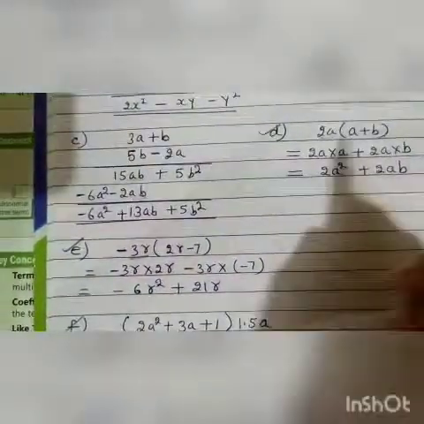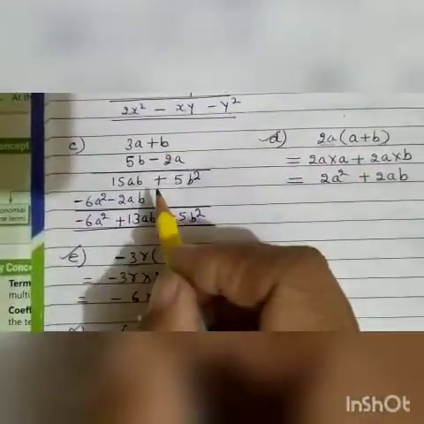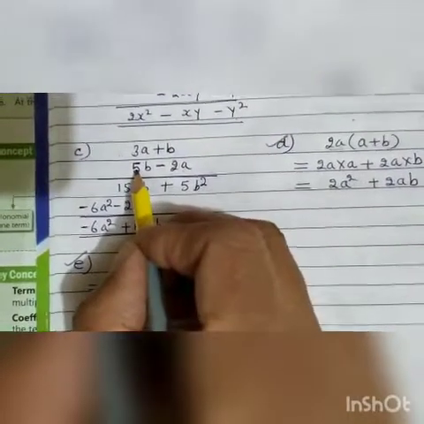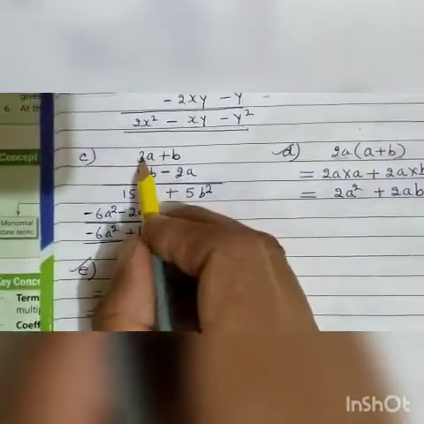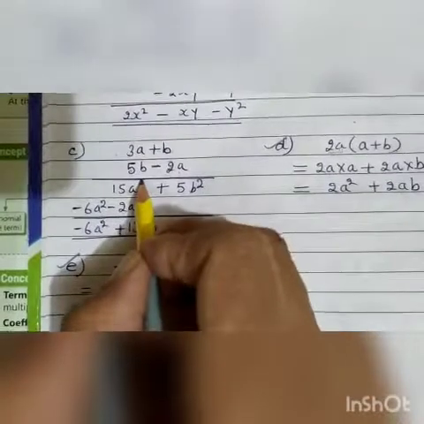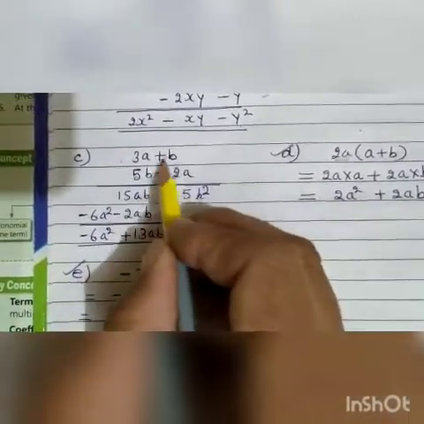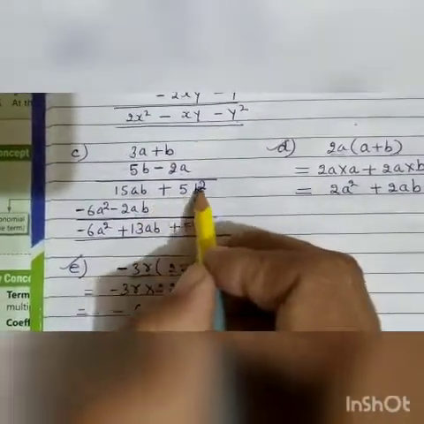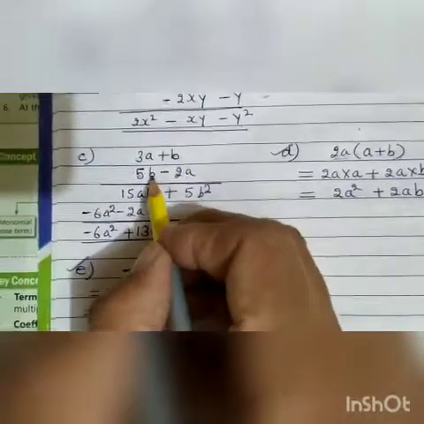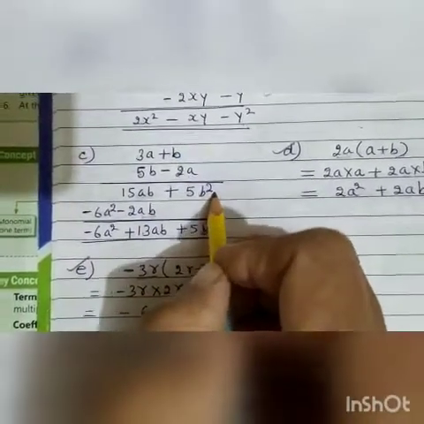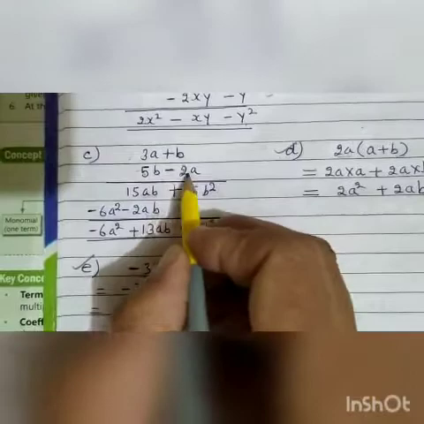Students, see again, I am explaining again. First we will multiply this 5 by this 3. 5 times 3, 15ab. Then 5b multiply this b, plus 5b square. 5 times 1, 5b square. Now come to this minus 2a.